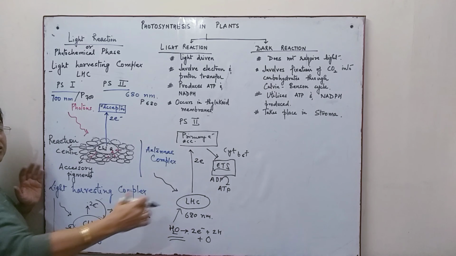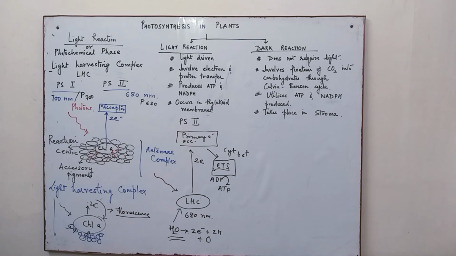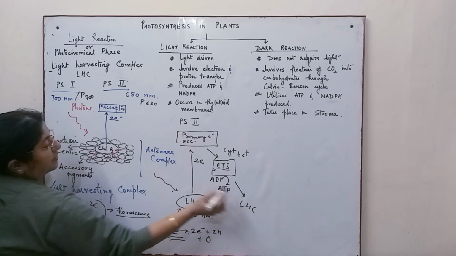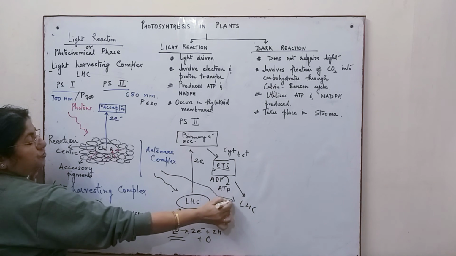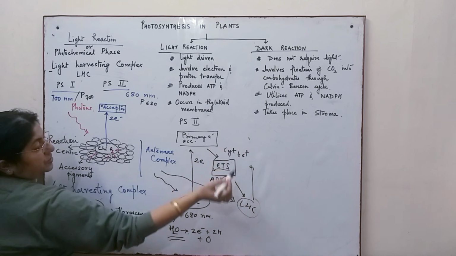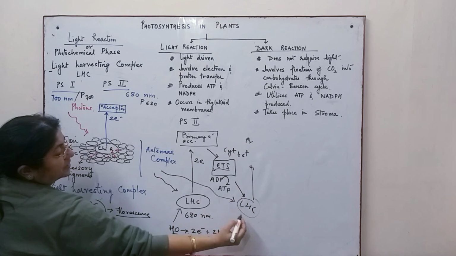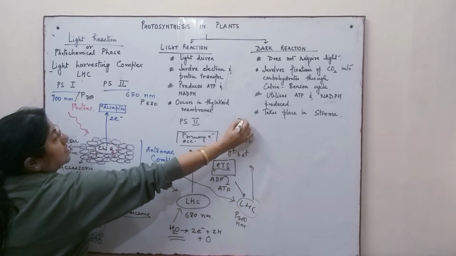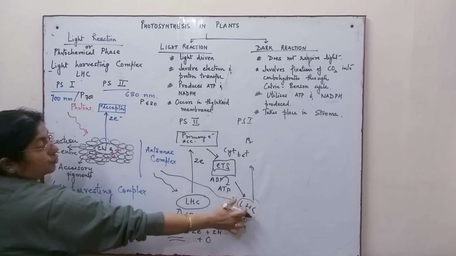Here the electrons are not used up, but they are passed in a series of reactions, which results in the production of ATP from ADP. From there, the electrons further enter the LHC along with light energy, due to which it again becomes excited, and the primary acceptor at P700 nanometers, which is PS1, accepts the electrons.